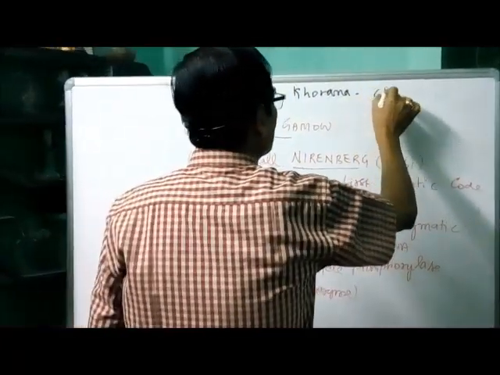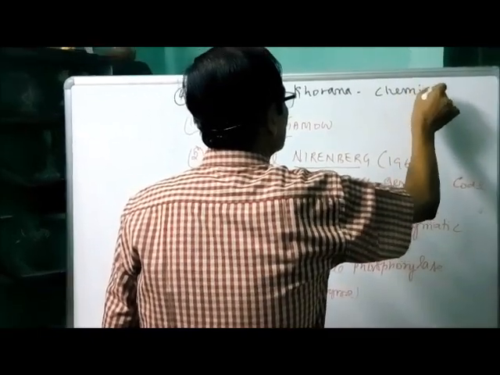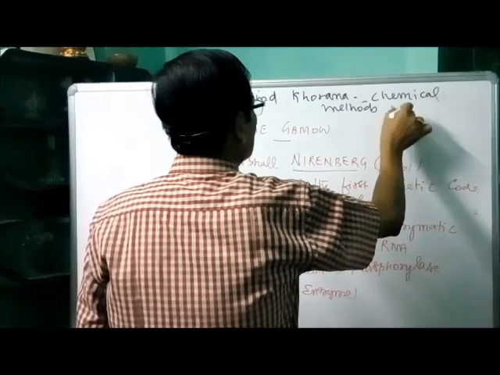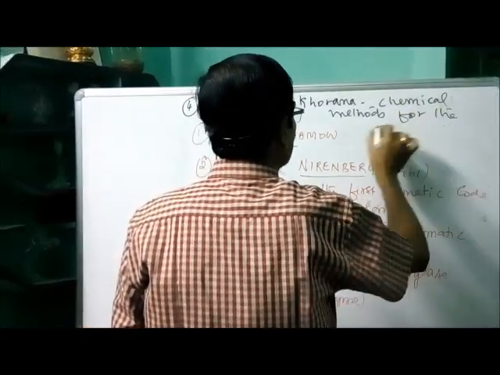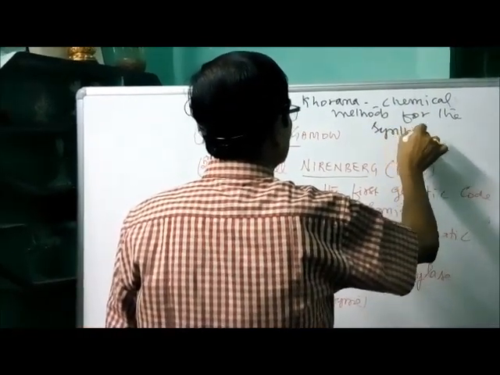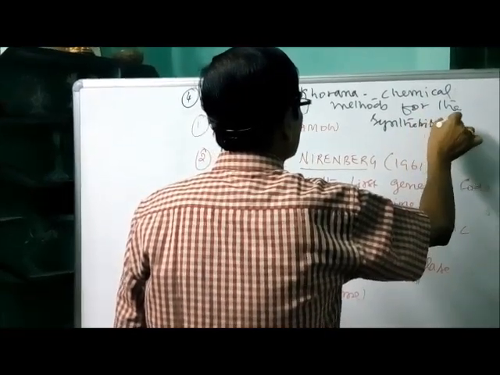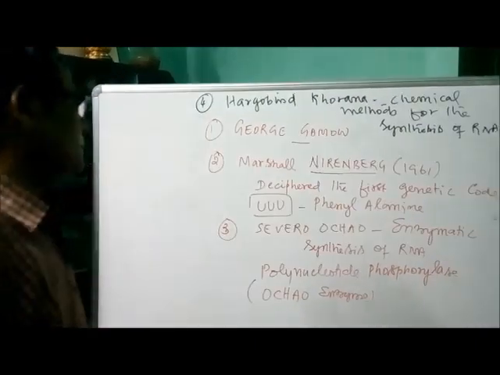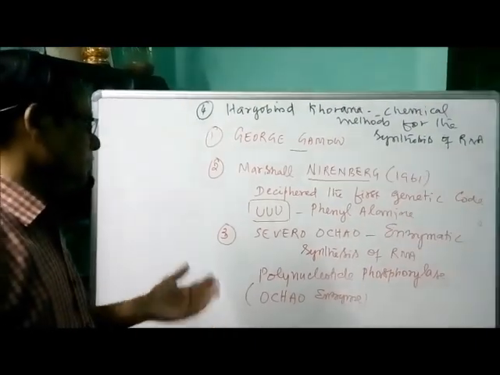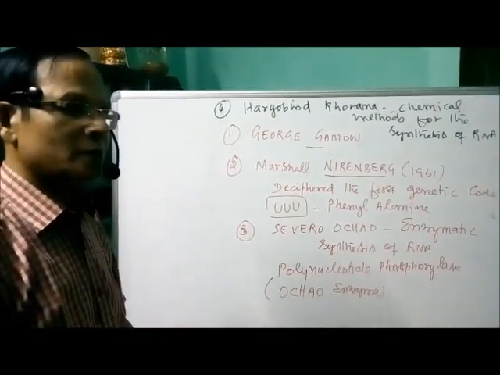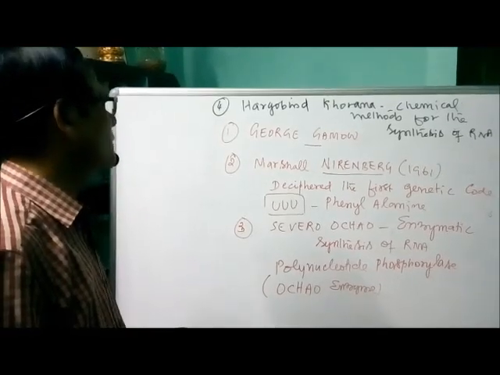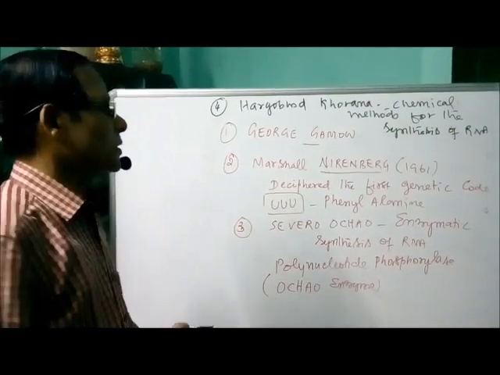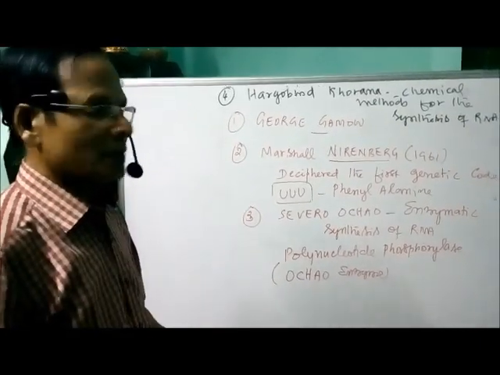He used chemical methods for the synthesis of RNA. So these were the different people: Marshall Nirenberg; Severo Ochoa, with the polynucleotide phosphorylase enzyme, called the Ochoa enzyme; and also Har Gobind Khorana, who used chemical methods for the synthesis of RNA.